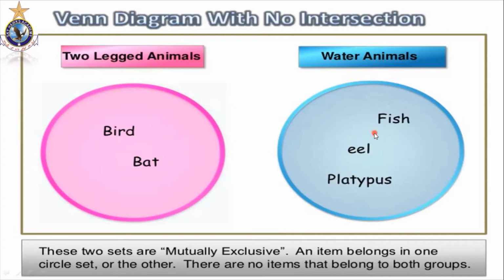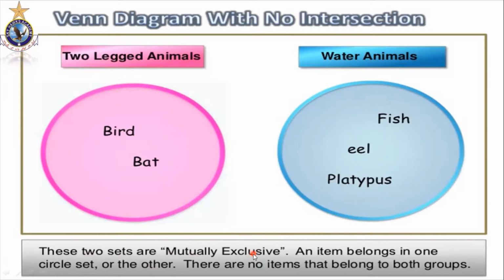These are the water animals: you can see fish, whale, and platypus, and there are so many others. So these two sets are mutually exclusive. Here we are using the mathematical term exclusive. Mutually exclusive means an item belongs to one circle set or the other.